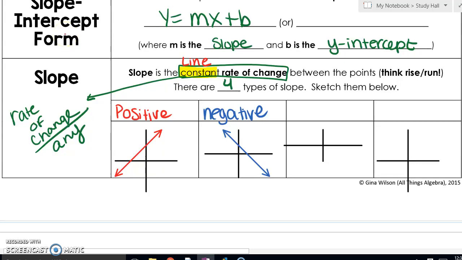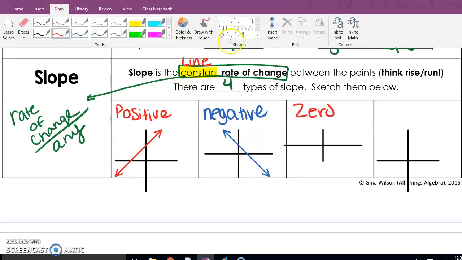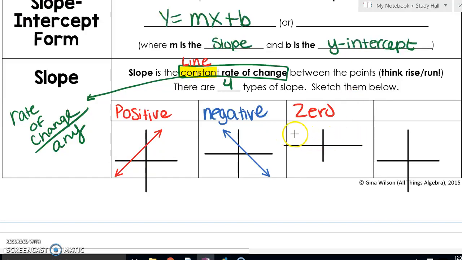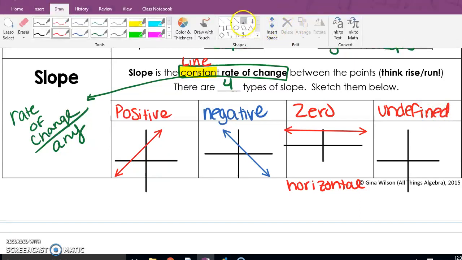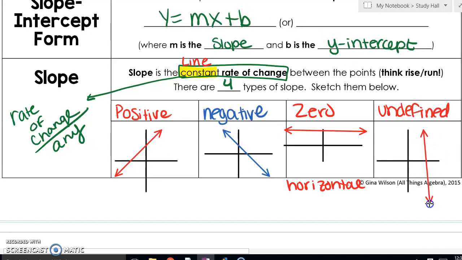We have a 0 slope, a line that has a slope of 0, which looks like this, which is a horizontal line. And then we also have a slope of undefined. An undefined line is a vertical line.